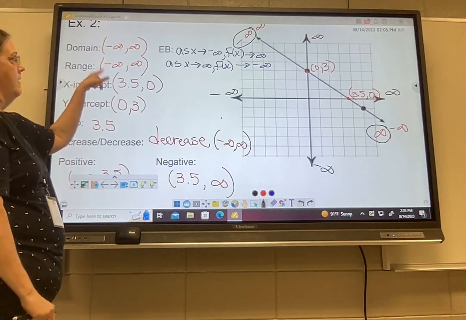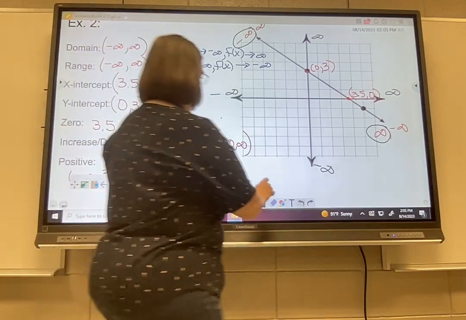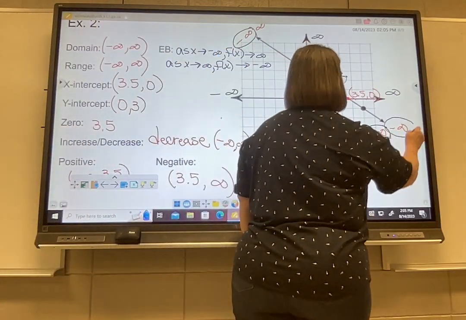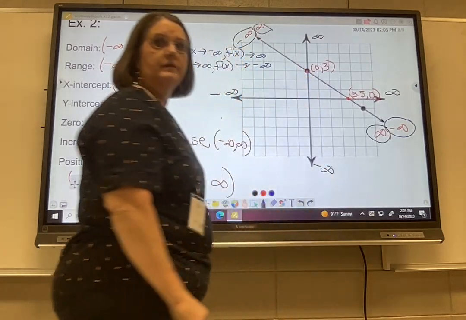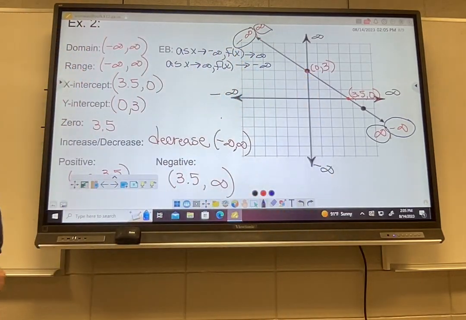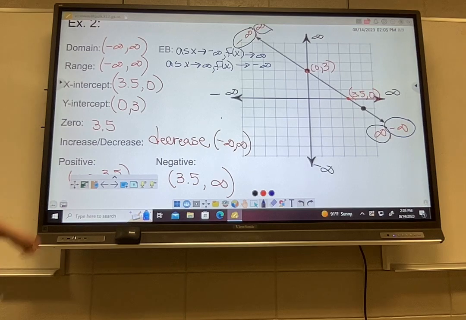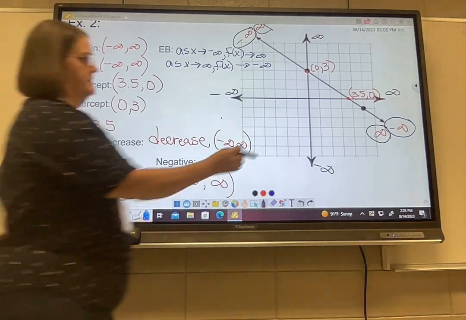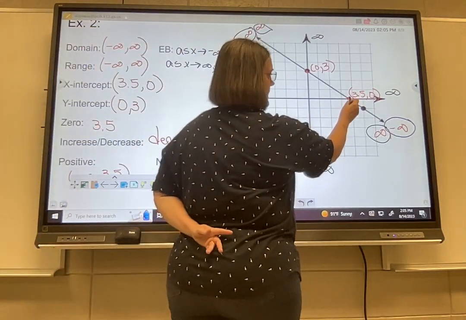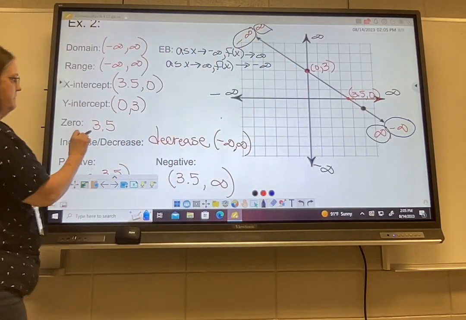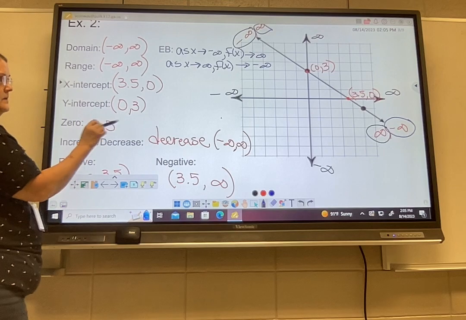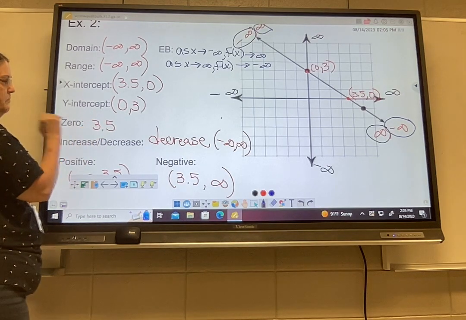If I look at my range, that's going to be, again, my lowest y value to my highest possible y value. So that's from negative infinity to infinity. My x-intercept, that's where the graph crosses the x-axis. It crosses it right here at this point. That is 3.5 and 0. And remember, the 0 of the function is the x-coordinate of the x-intercept, which is right here, 3.5.